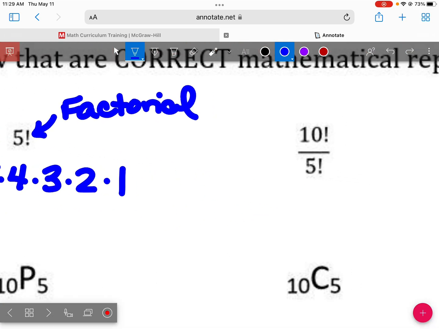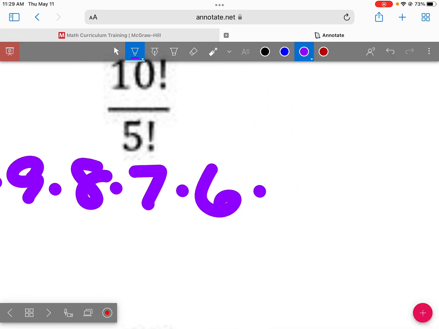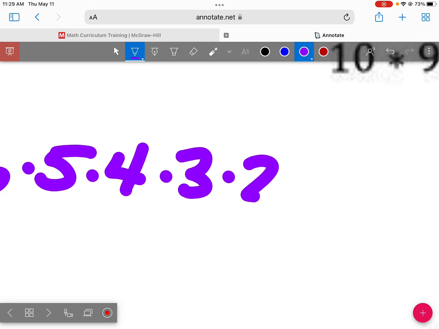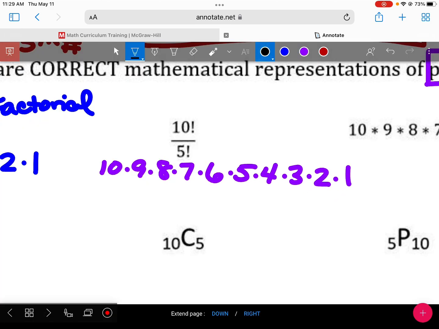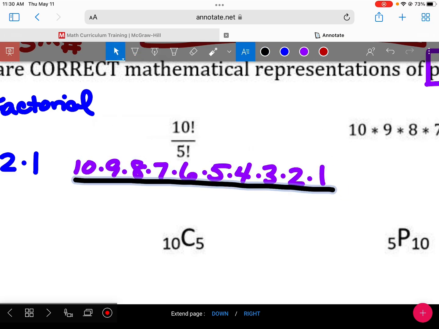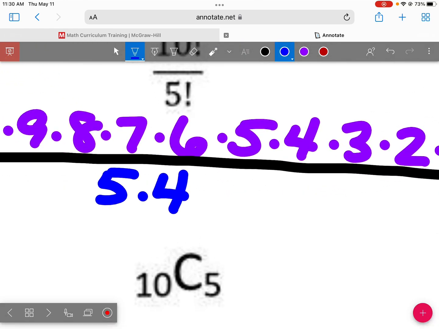Look at this third one here. What do they have going on there? I have 10 times 9 times 8 times 7 times 6 times 5 times 4 times 3 times 2 times 1 in the numerator of a fraction. What about the denominator of the fraction? 5 times 4 times 3 times 2 times 1.